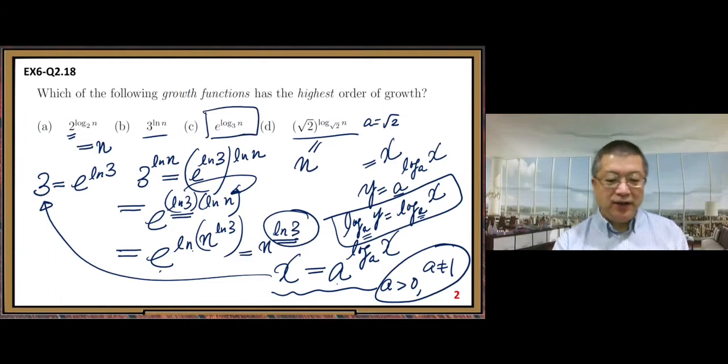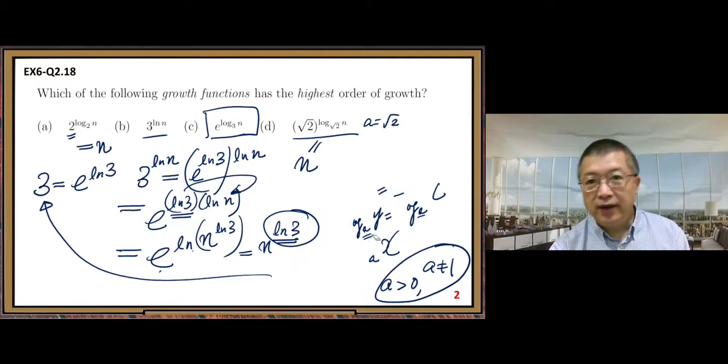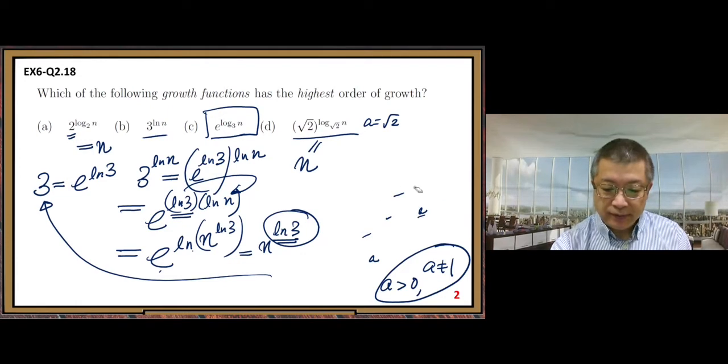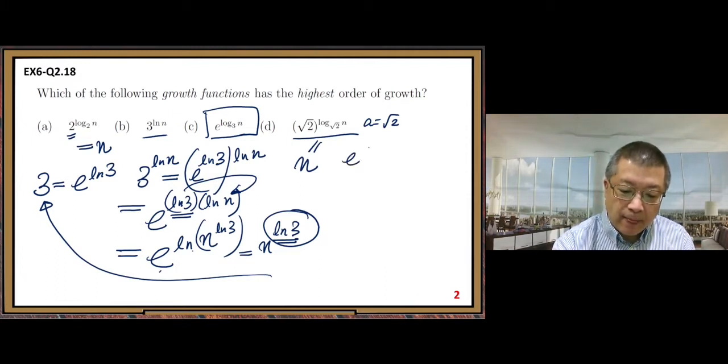Then C, you can use the same way there. Let me erase, I need some space here. C is e to the log base 3 of n. For e, can we write it as 3 to the log base 3 of e?